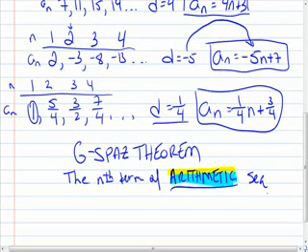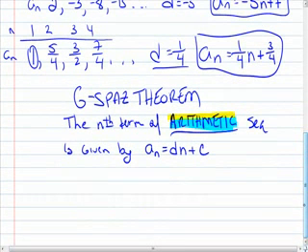The nth term of an arithmetic sequence is given by the common difference times n plus this other number c. Now what is this other number c?